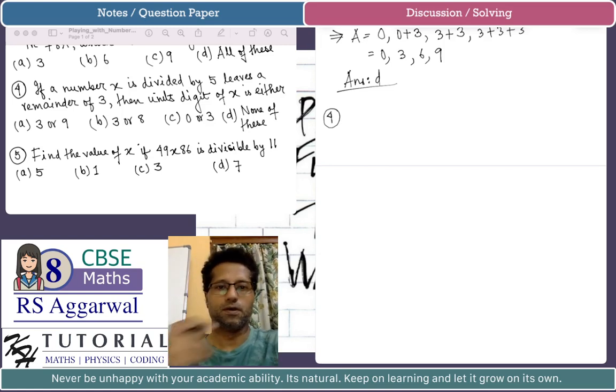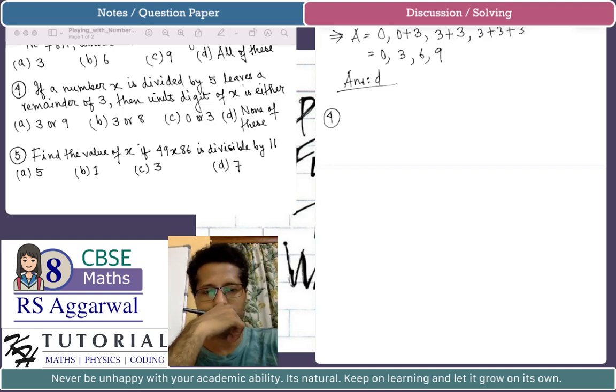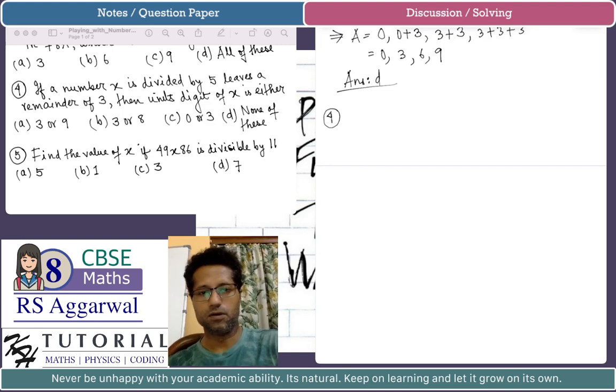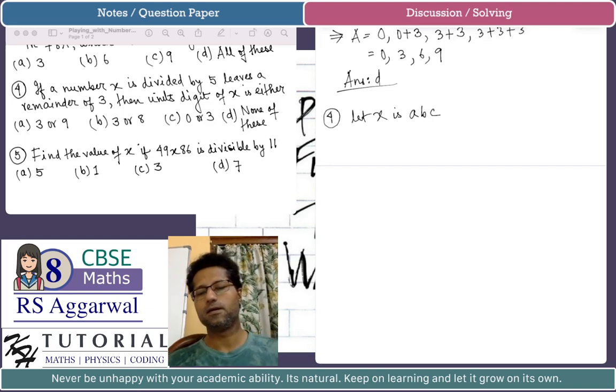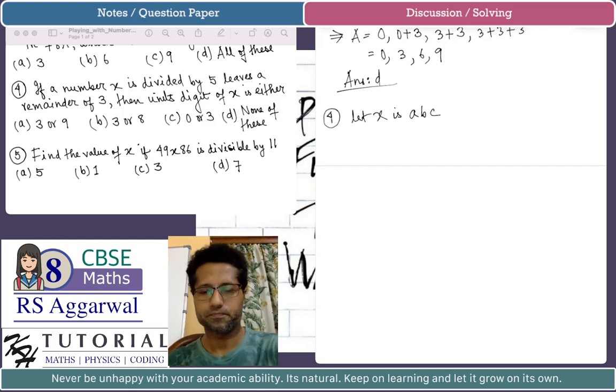Now, what can we say about the units digit of a number if the number when divided by 5 leaves a remainder of 3? Without any loss of generality, let's say x is the number ABC, where C is the digit at the units place.